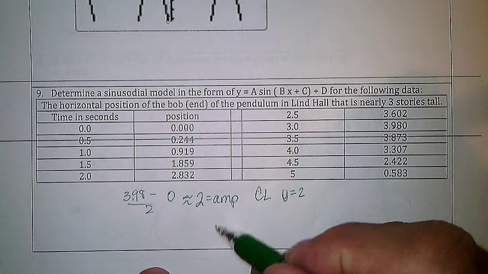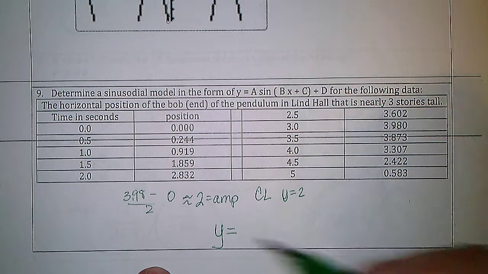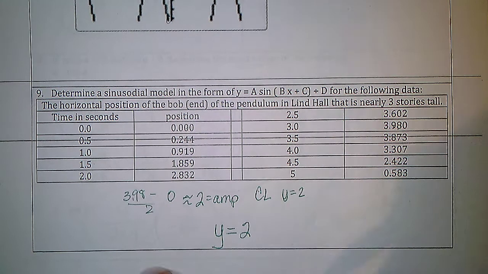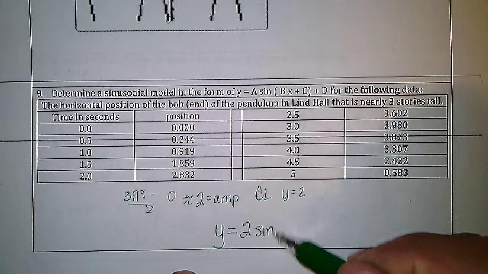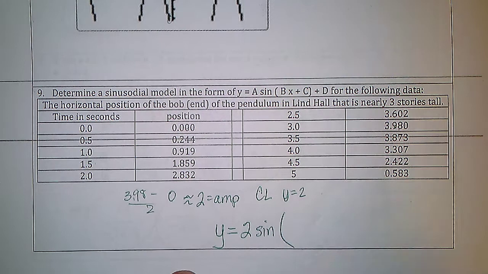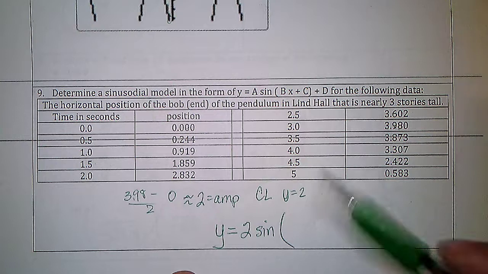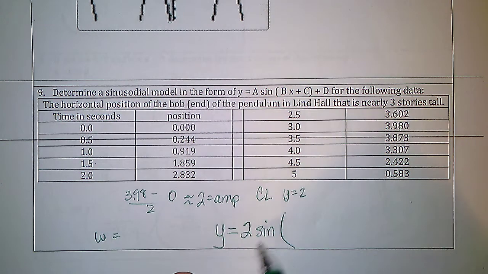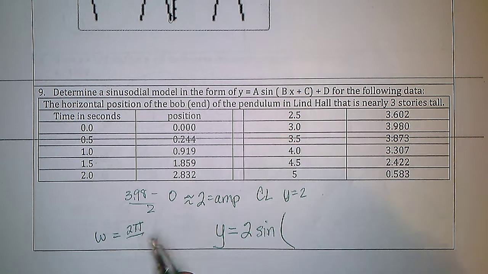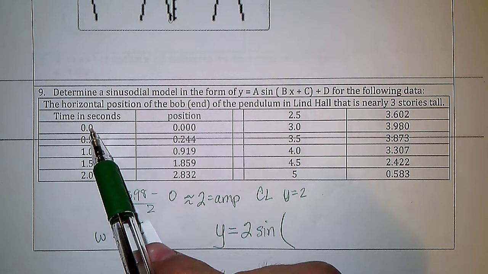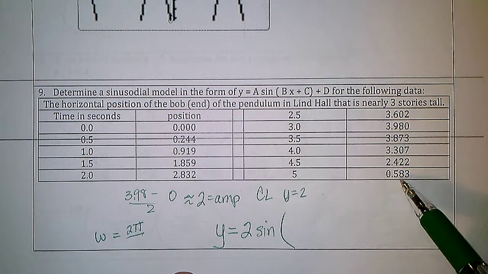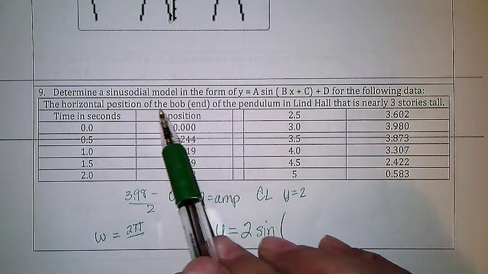So my equation is going to be y equals, I want a sine, so the amplitude is approximately 2 sine. To get the omega, it's the normal period. Sine's normal period is 2 pi divided by how long this takes to repeat. Well, it goes from 0 to 5, and then let's see here.